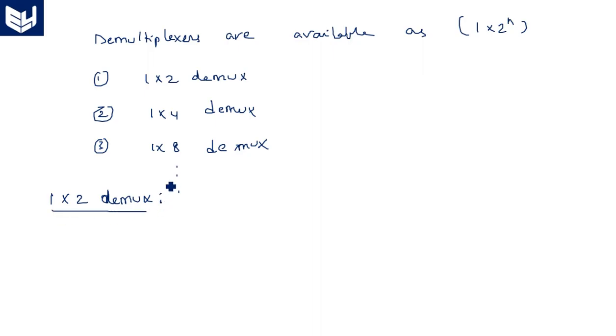1/2 demultiplexer clearly says that it is having one input which can be sent to two outputs.